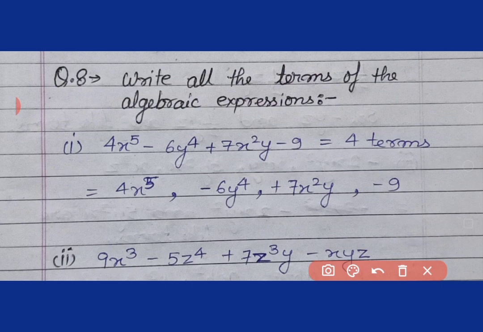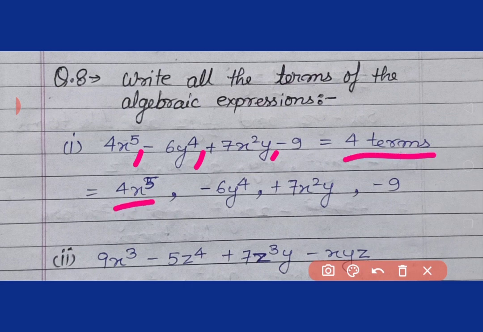Whenever a plus or minus sign comes, you have to put a comma. So this is first, comma, -6y⁴ and plus here, so again comma, 7x²y and -9. These all four terms are divided, as I have written here, four terms.